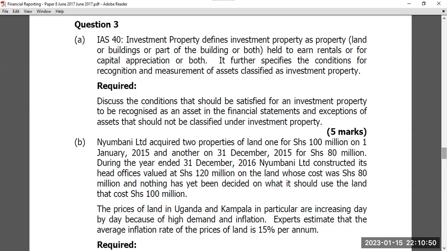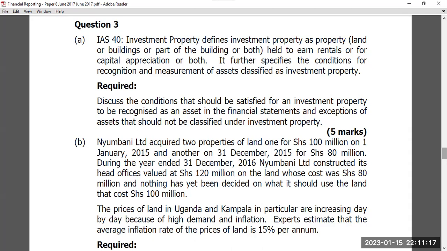So we can't classify those under investment property. That's basically what they wanted, and we are not going to go deep into that. That's just a precursor of what we were supposed to do.